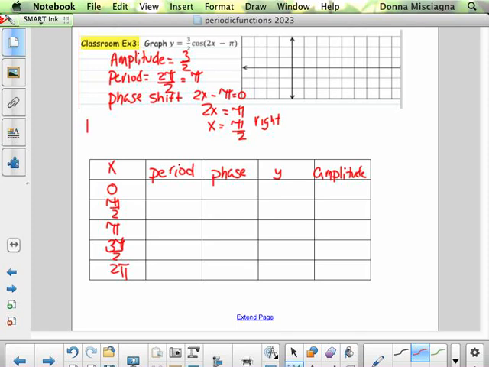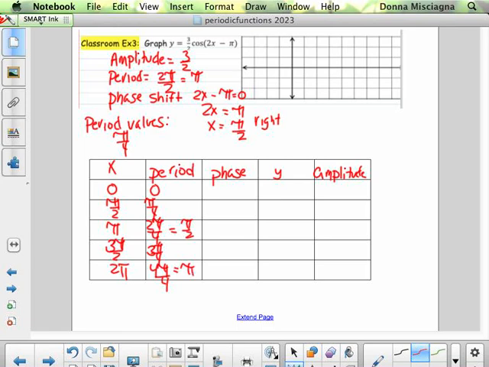For the period values, our period is pi, so we take pi divided by 4, so pi fourths. We start at 0 and then count pi fourths, 2 pi fourths, 3 pi fourths, 4 pi fourths. Then we could reduce. This one would reduce to pi halves. This one would reduce to just pi, and that matches the period.